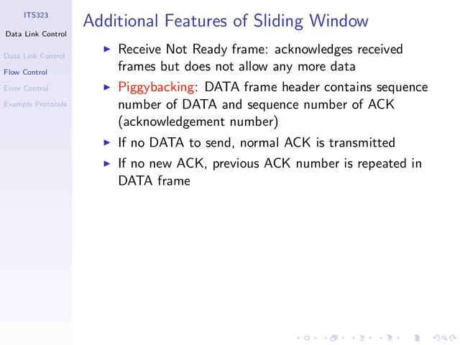The acknowledgement frame contains, for example, the number and the type of frame, receive ready 3. The header contains a sequence number. For example, sequence number 2 of the data. All we do is include fields from the acknowledgement header in the data header.